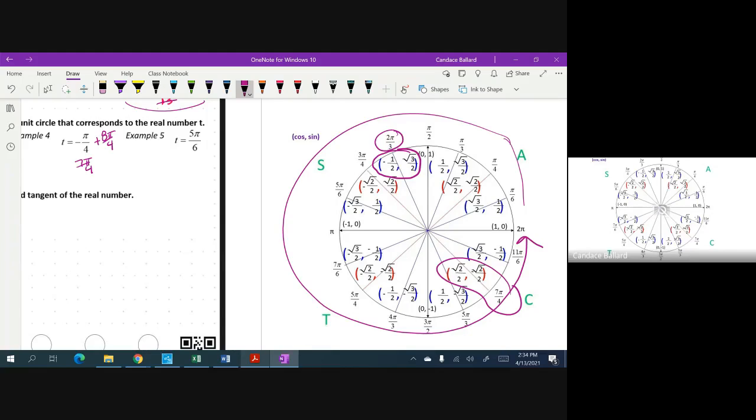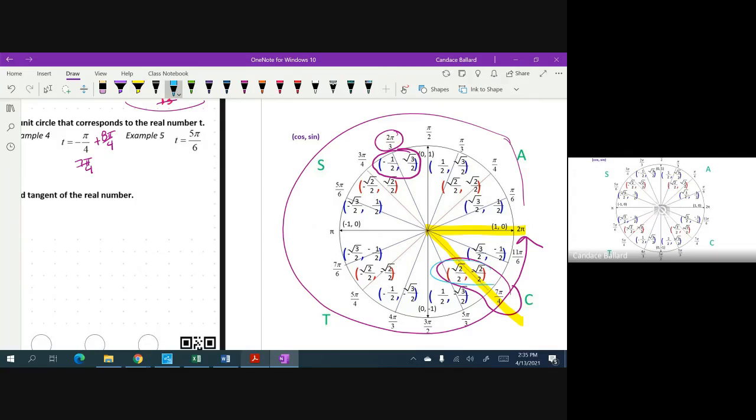Or remember how we counted the wedges? If I went from here and counted back 1 pi over 4, we would also get to the same set of coordinates. It's up to you how you do it. It doesn't matter to me, okay? You got to find the one that works for you.